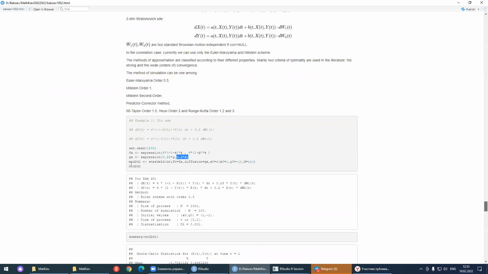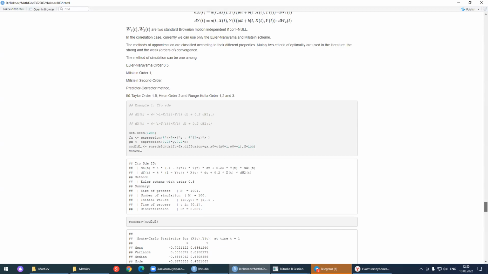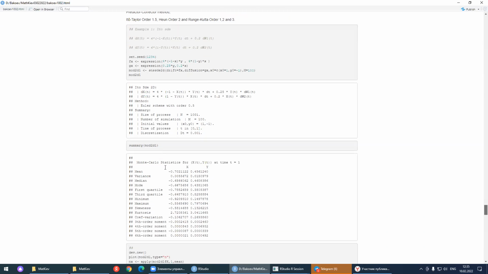And if you say mod, this is with drift fx, diffusion gx, and the number of trajectories 100, you can see mod 2d1 is this one.